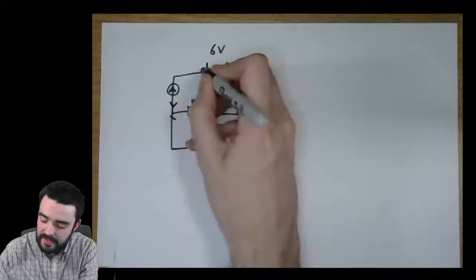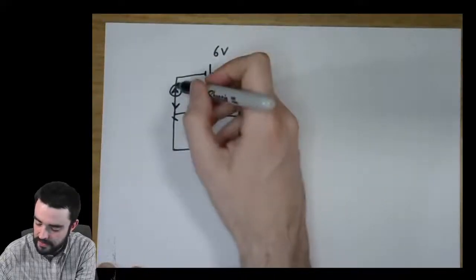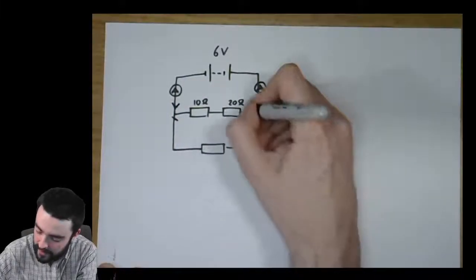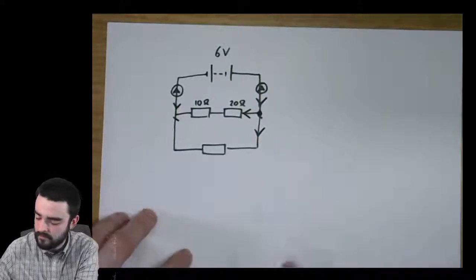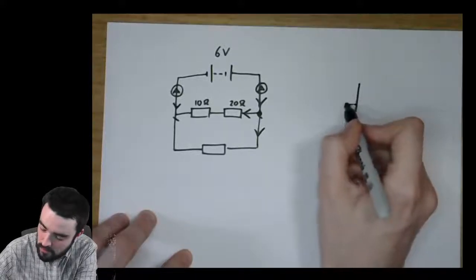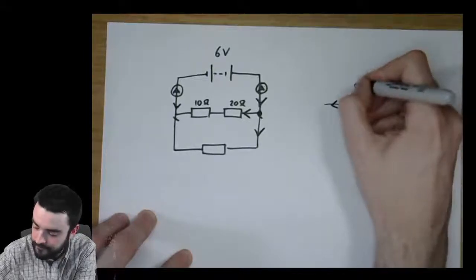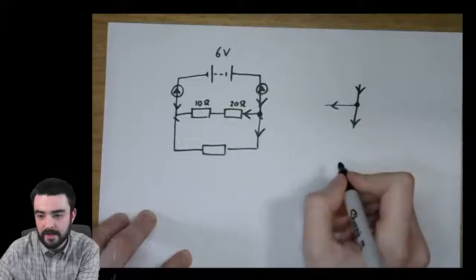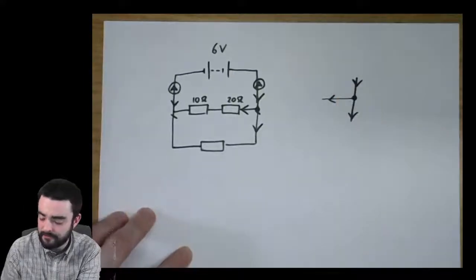Let's say the current is going positive to negative, so it's flowing down here and then it's splitting at this junction. So at this junction, we can see the before and after. So we've got one set going in, two sets coming out.